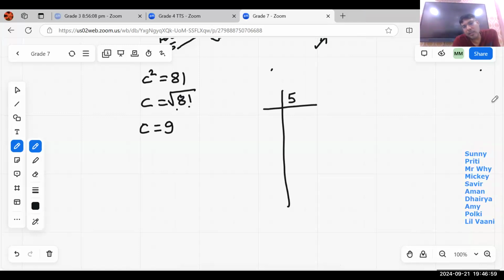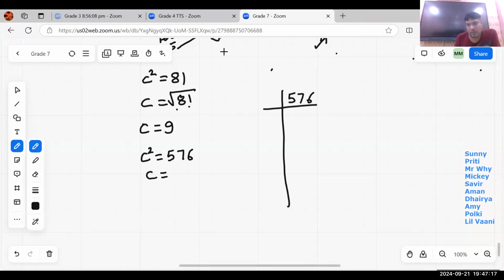So C square is equal to 576. This is also a small number. Find C. For that, the easiest method is prime factorization.